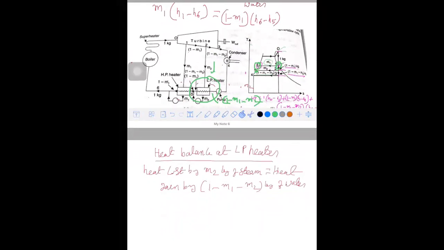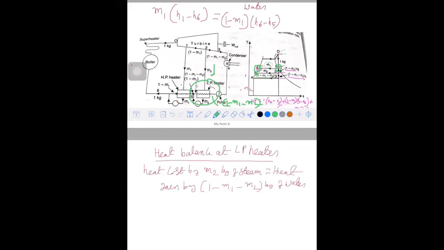And now we'll have another one. What is the heat loss by M2? It is available at P2 pressure, and finally it is leaving at P5 pressure.